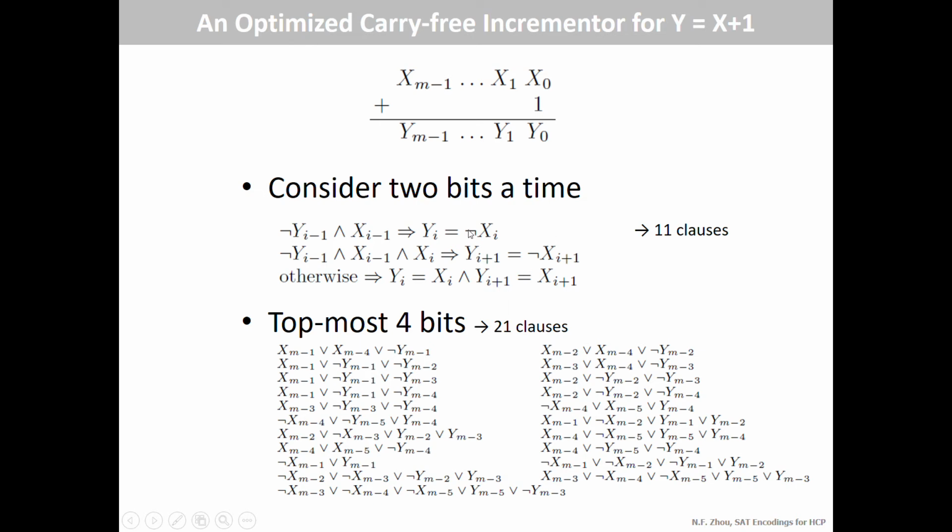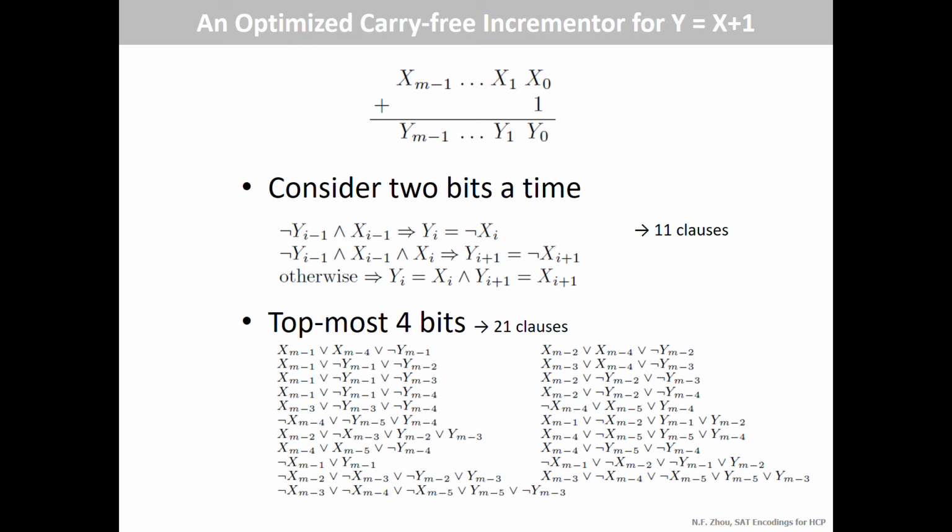If there is a carry from bit i minus 1, then these two are complementary. Otherwise, xi equals yi, and they are the same. This can be encoded using 11 clauses, which results in a saving of 1 clause for each 2 bits.